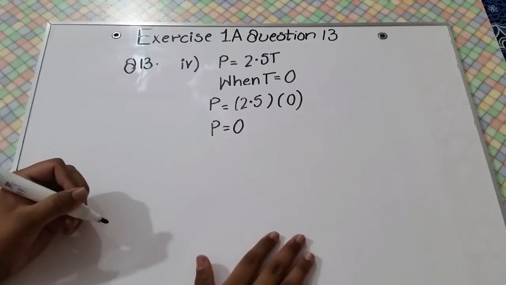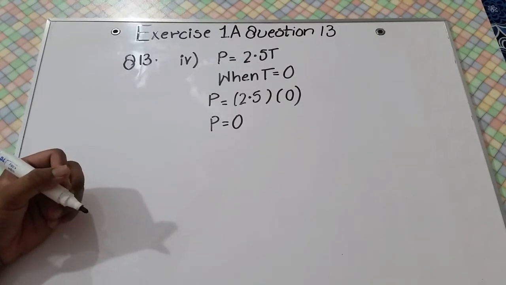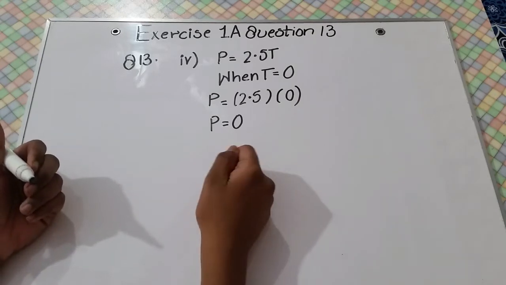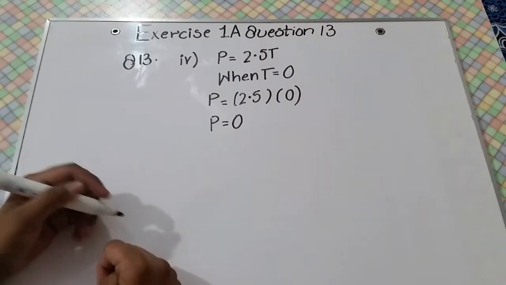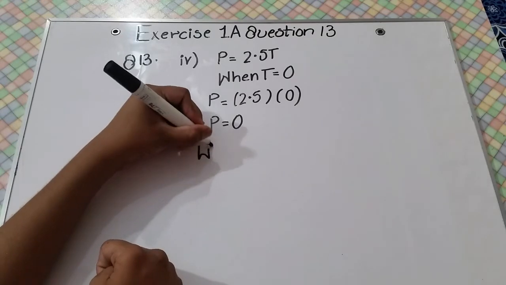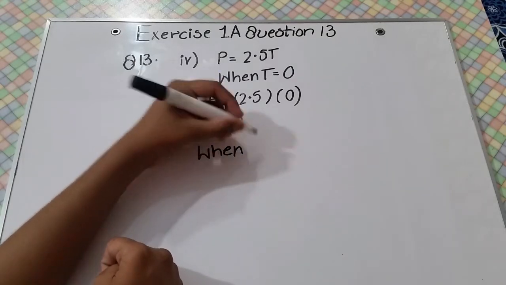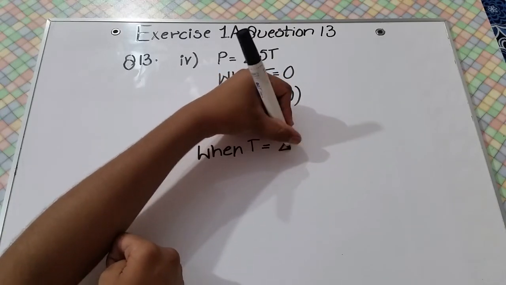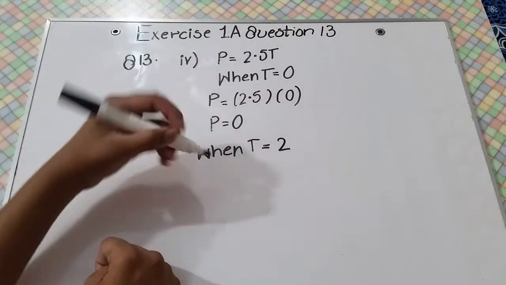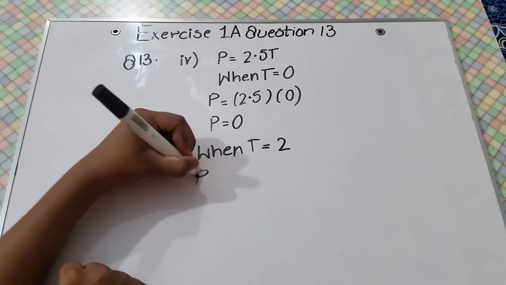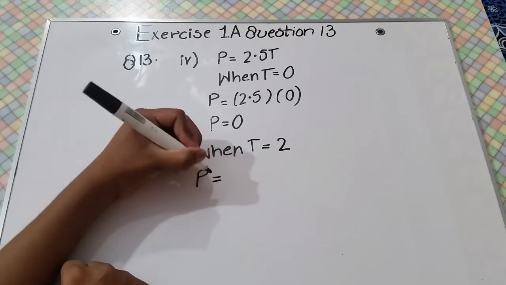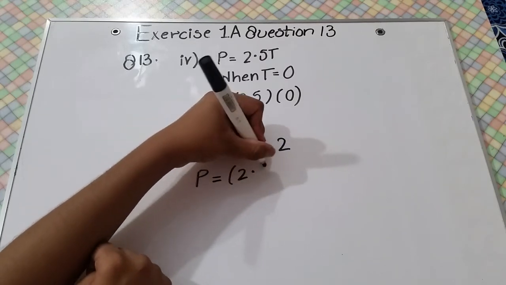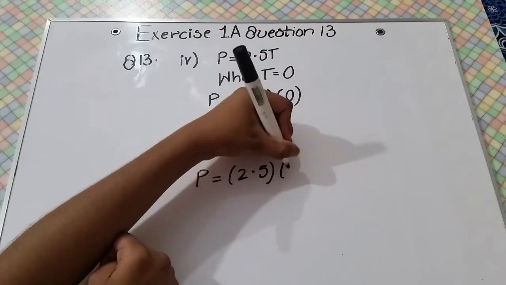Then for another value we can assume another number, any random number. Over here we assume 2. So now let's have t equals 2. We're going to use the same formula. So p equals 2.5 times 2.